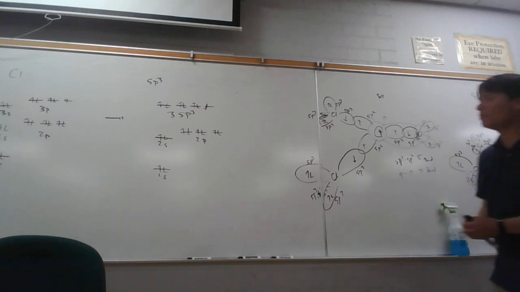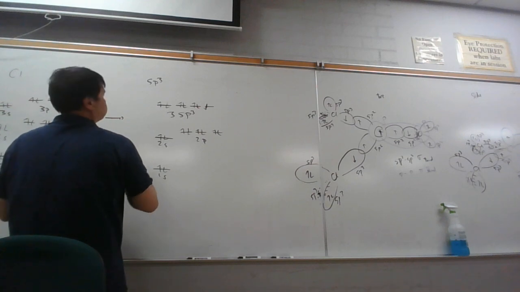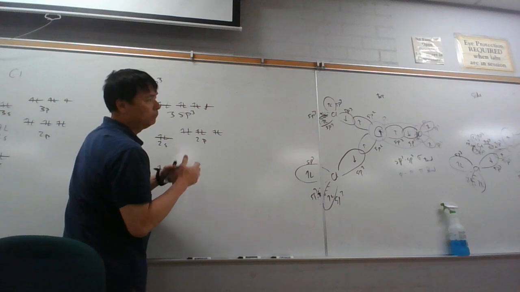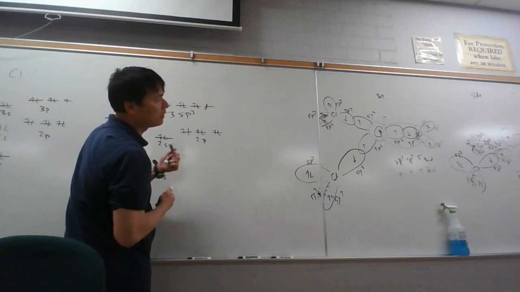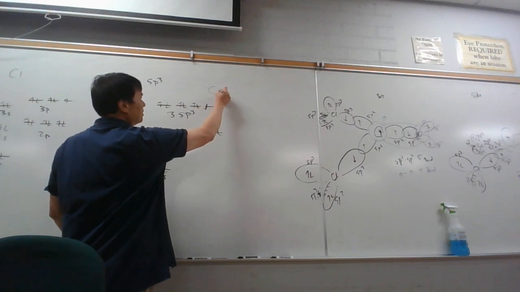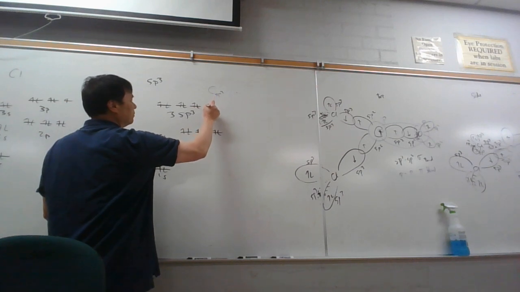All right, so what we have here is this. This is the chlorine. And on chlorine, I'm going to have a carbon come in, and it's going to be an sp2 on carbon. It's going to bond to this orbital here.